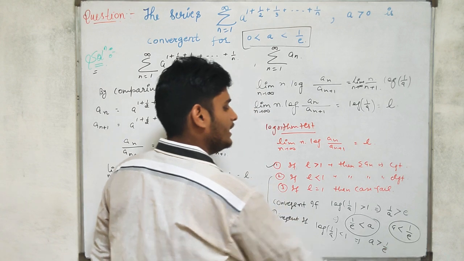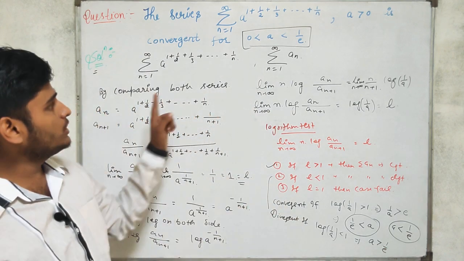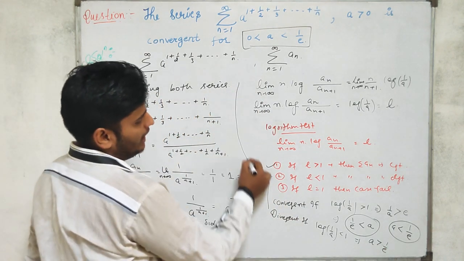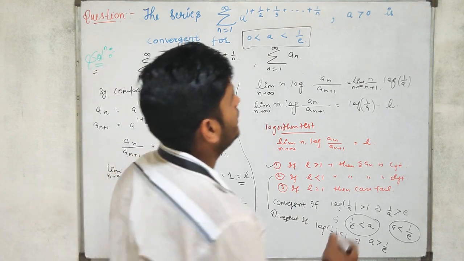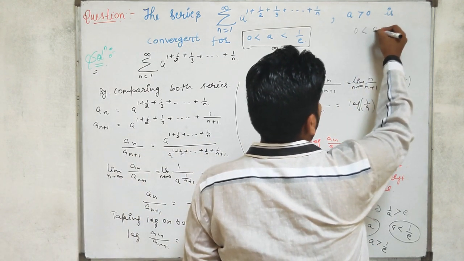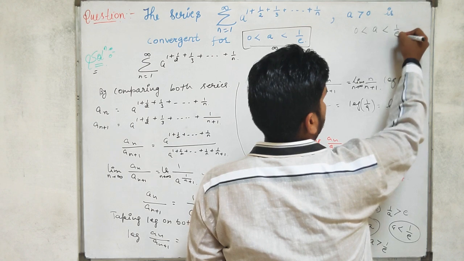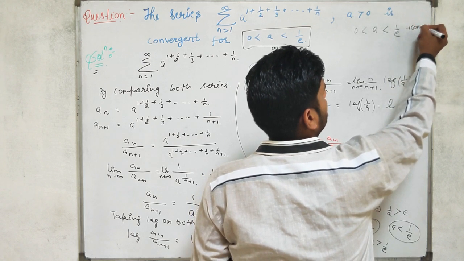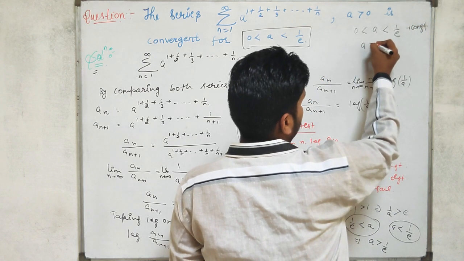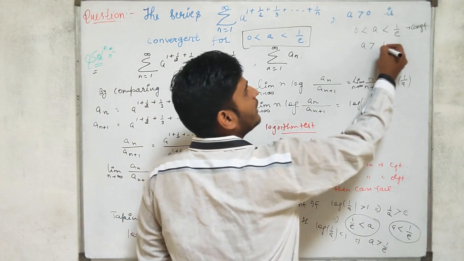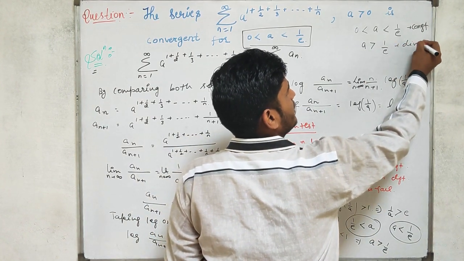So if a is greater than 1 by e, then this positive term series is divergent. So we conclude that if 0 is less than a and a is less than 1 by e, then convergent, and if a is greater than 1 by e, then this series is divergent.